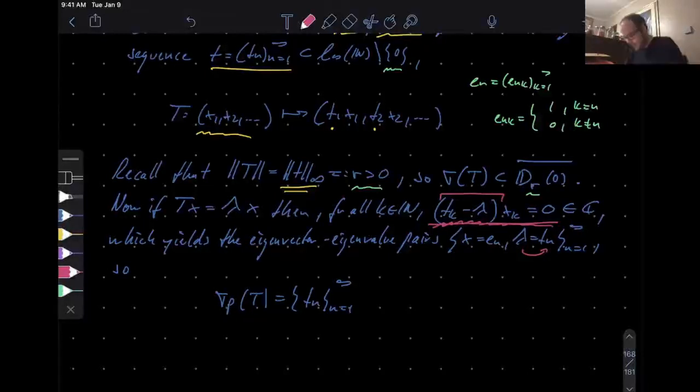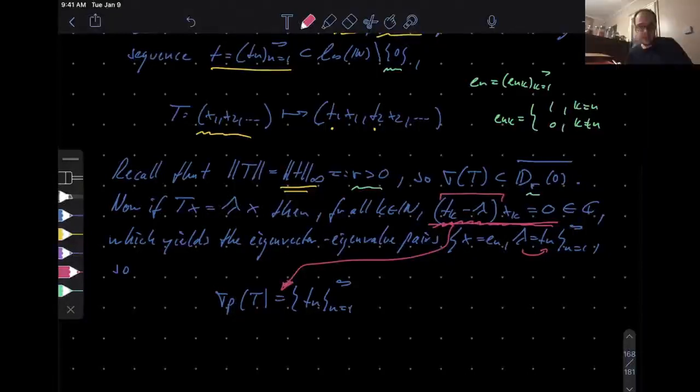So the lambda here cannot change. Lambda is a scalar, right? So lambda equal to t_k is one possibility here, of course. And then you can choose the x_k freely. But if you were to choose a different choice for the entry, remember x_k is the coordinate in the sequence x, then you would not be able to satisfy this eigenvalue eigenvector constraint. The only solution of the red underlined thing is indeed this one, right?